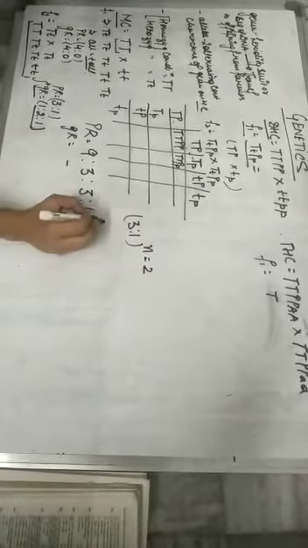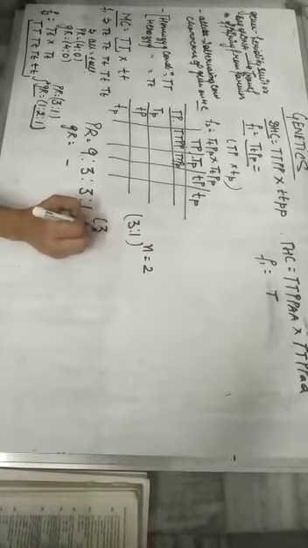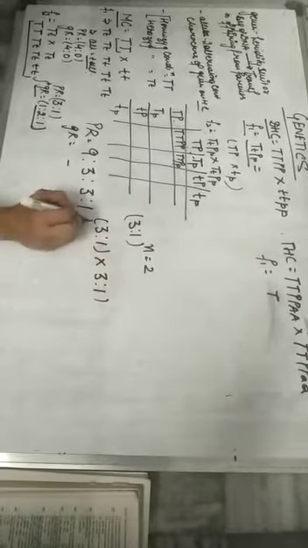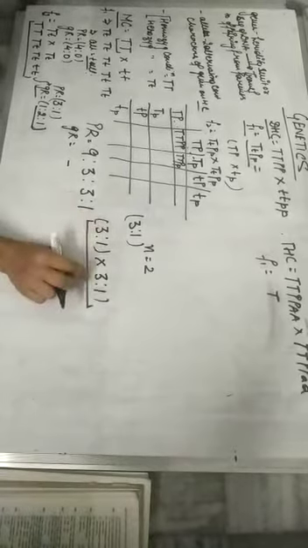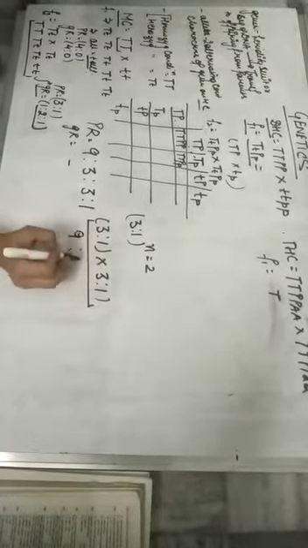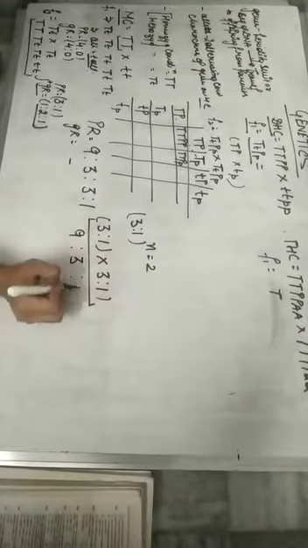So we take 3:1 cross 3:1. 3 threes are 9 and 3 ones are 3. We get 9:3:3:1.